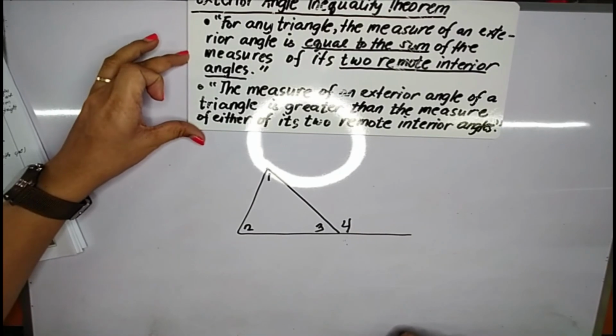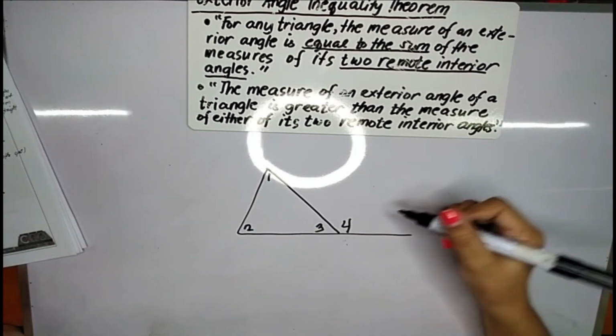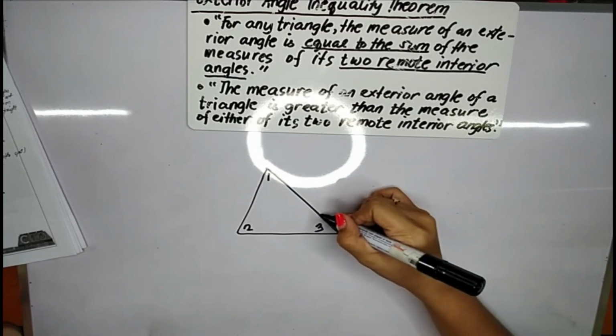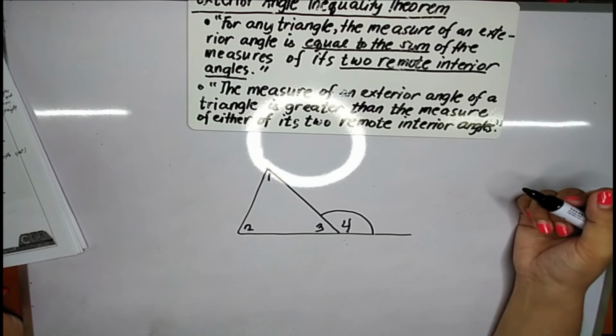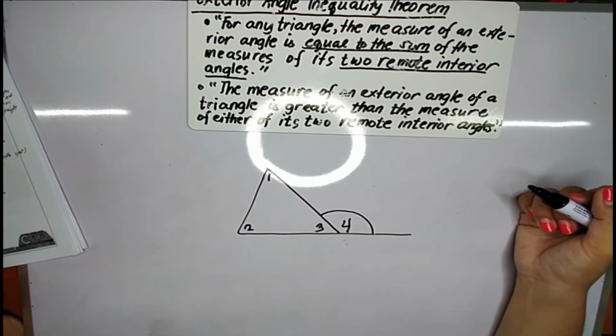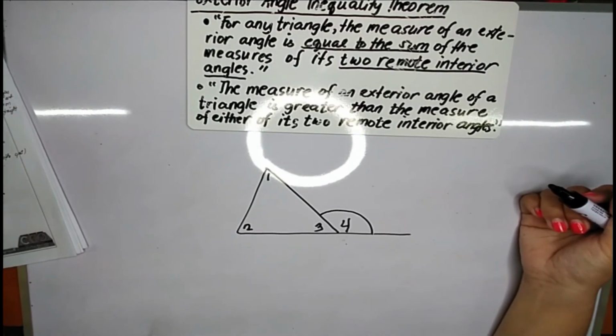According sa first theorem na exterior angle inequality, ingon siya, ang measurement daw aning exterior angle, kaning angle nga naa sa gawas, equal ko na siya sa sum. Sabi ng sum. It is the result of addition, right?